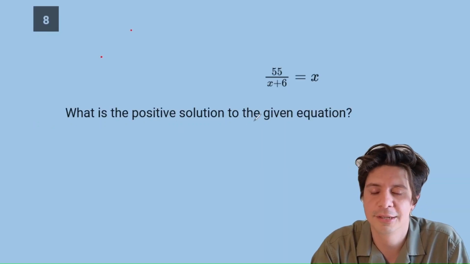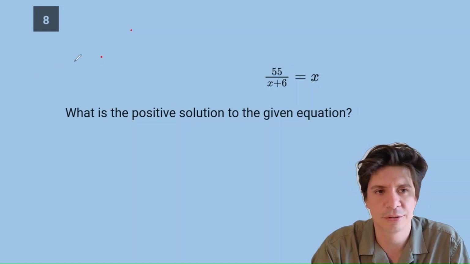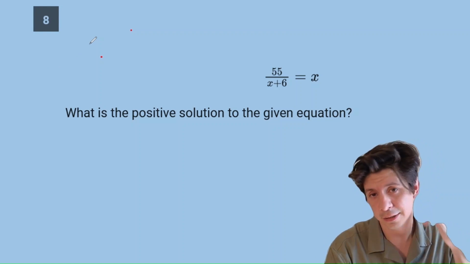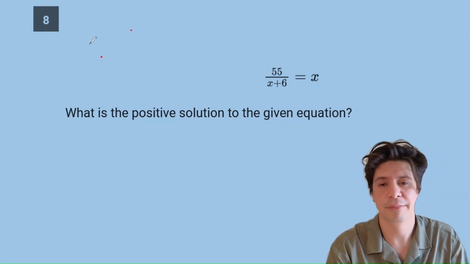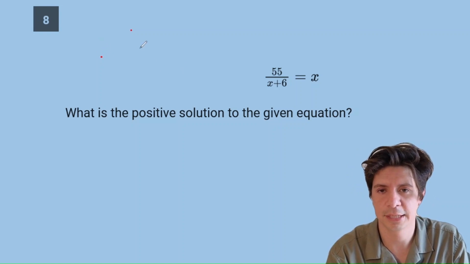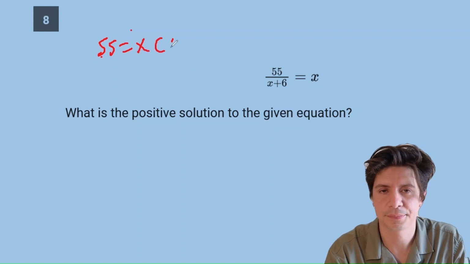What is the positive solution to the given equation? Okay, so we have, again, no answer choices, like I think a couple questions ago it was like that. You can do this simply by multiplying out. So I'm going to multiply by x plus 6 on both sides, and I'm going to get 55 equals x times x plus 6.